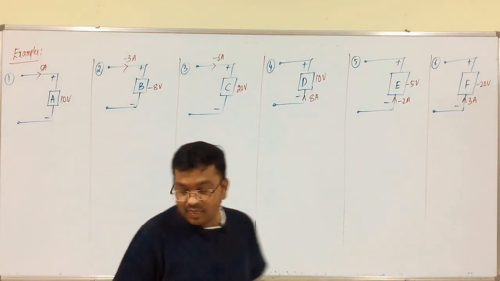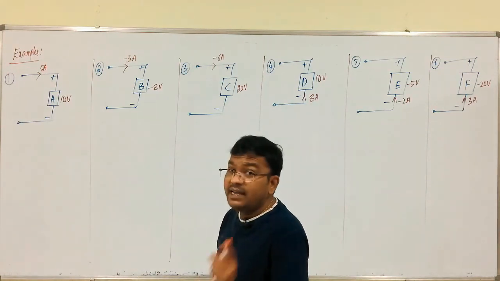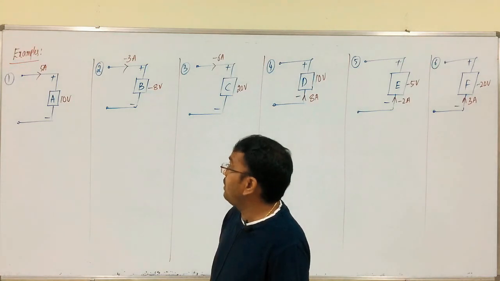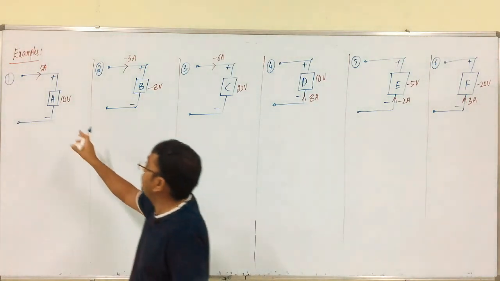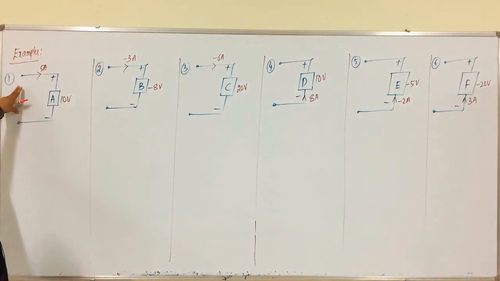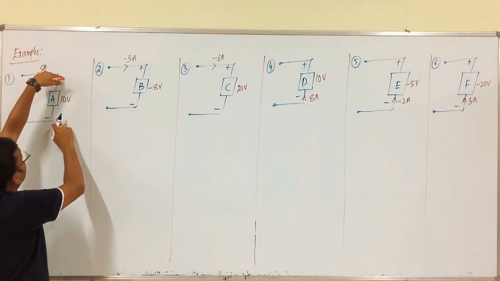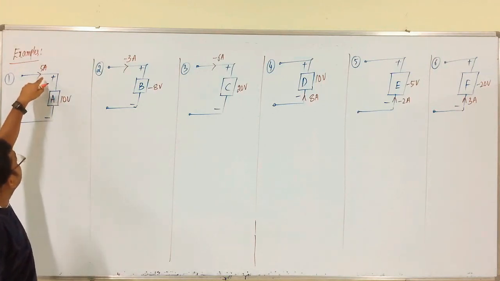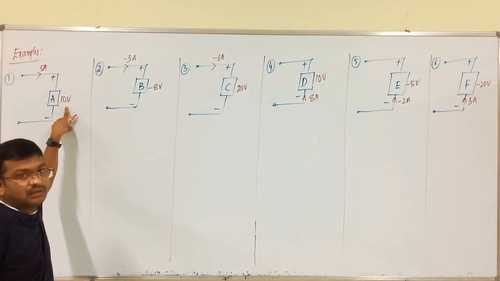So, see the first problem, that is 5 amperes of current is entering an element, that is A, and the voltage across the element is nothing but what? 10 volts. It means the supply voltage is 10. So, 5 amperes of current is entering the element and the voltage across the element is 10 volts, right.